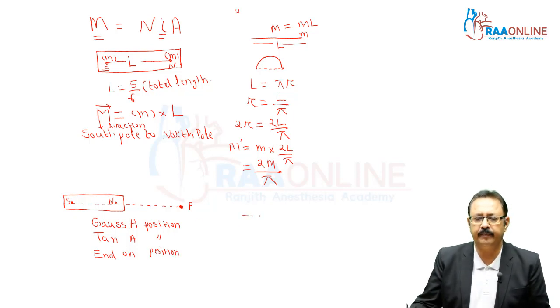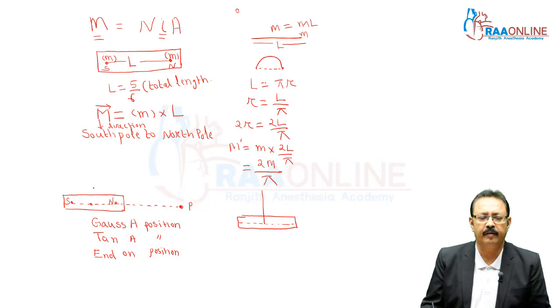If the position of point P is like this, it is on the perpendicular bisector of your magnet. Distance from the center, we are taking d. It is the center. It is again at d distance from the center.